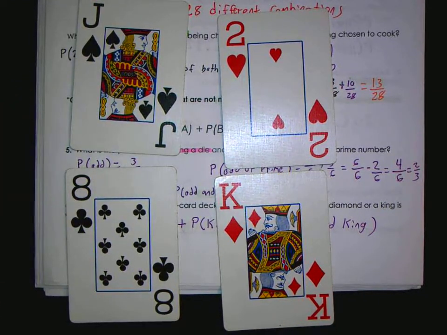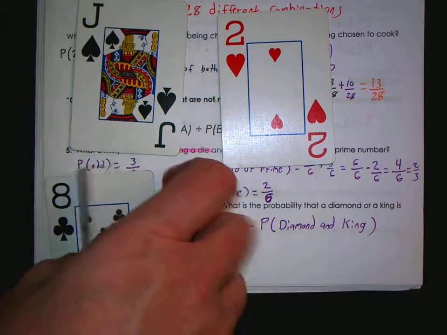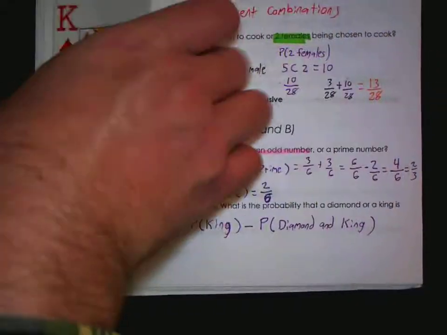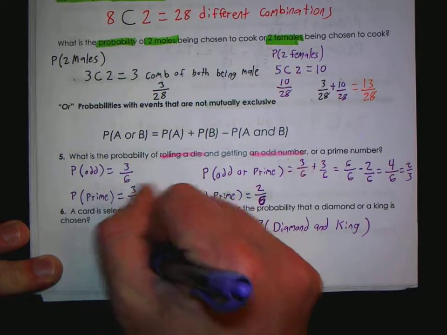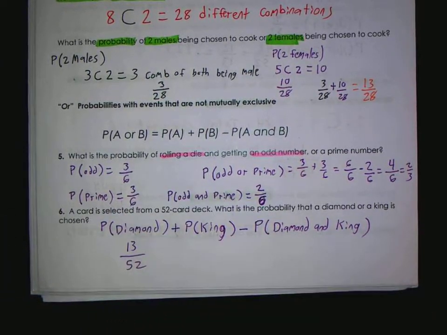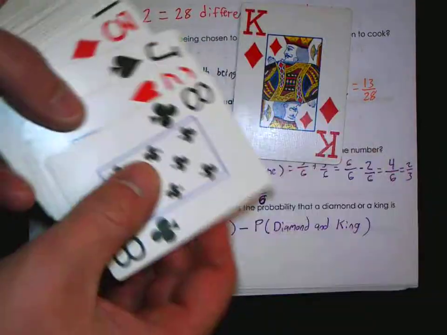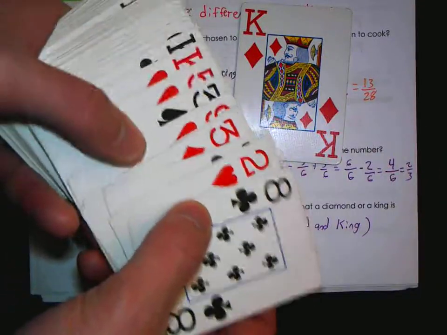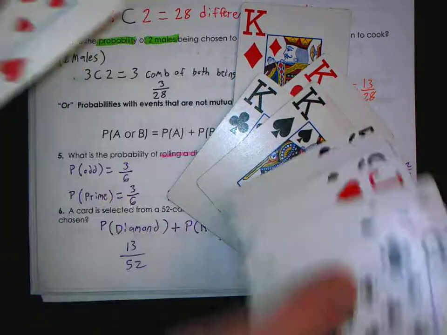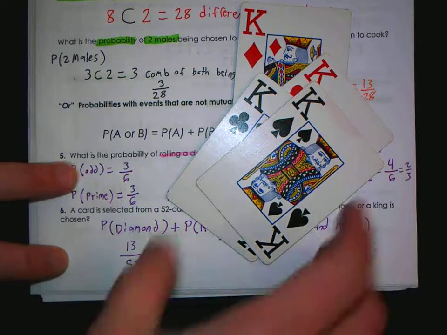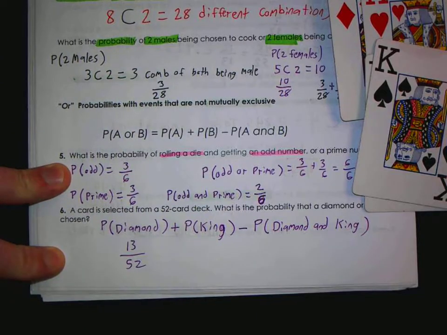So yeah, 13 of them are diamonds. 13 out of 52. How many of these are kings? Four, right? So the probability of getting a king is how many? 4 out of 52.